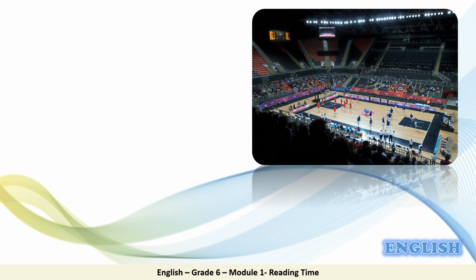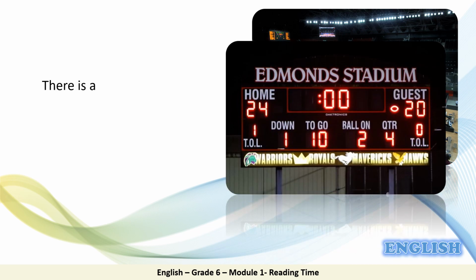Still, we are talking about basketball. Look at this place. Do you know what it is? Yes, it's a basketball court. In any basketball court, there is a board like this. So what is this board called?